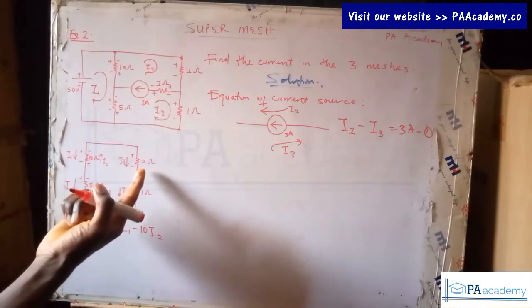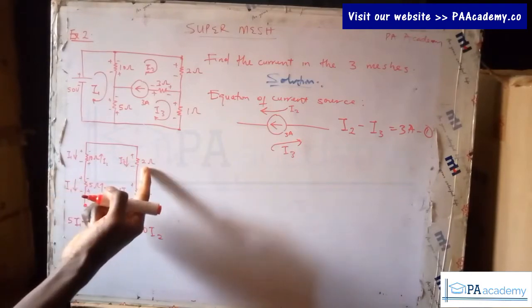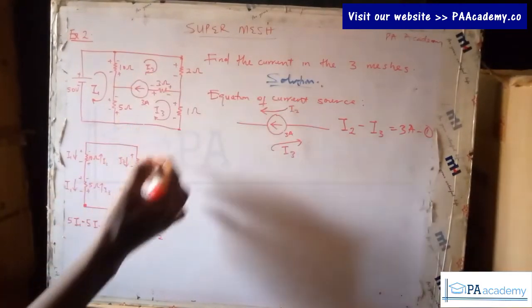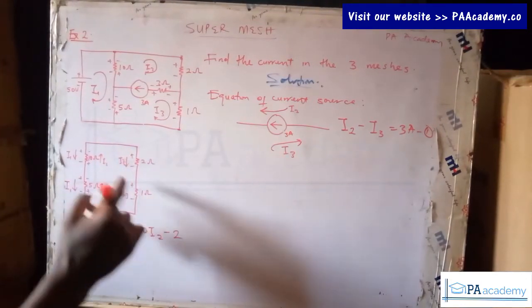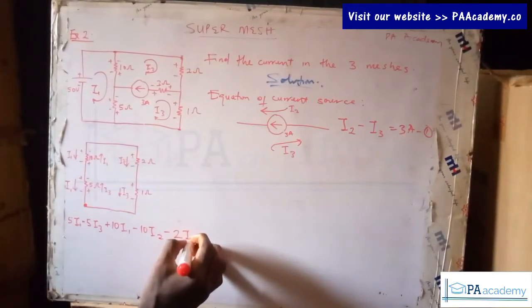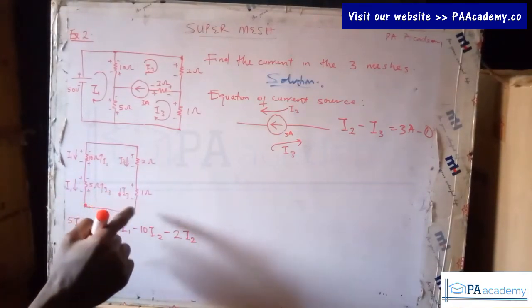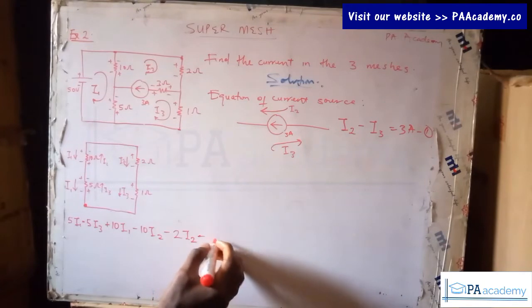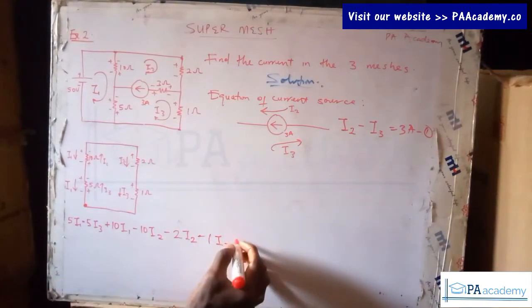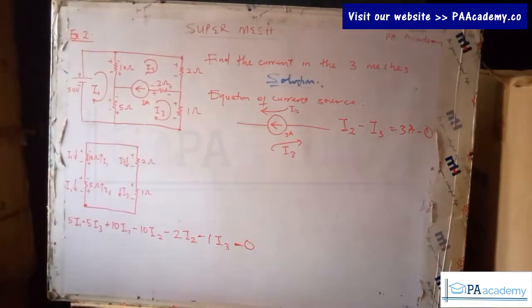Since only one current flows through this 2 ohm resistor, that's I2, from positive to negative that's going to be minus 2I2. Then we come here, from positive to negative, that's going to be minus 1I3 equals 0.